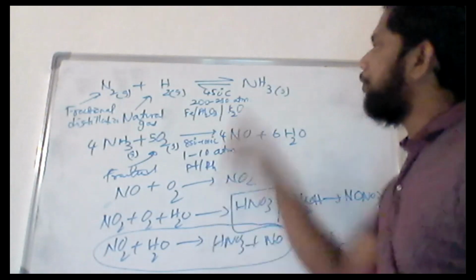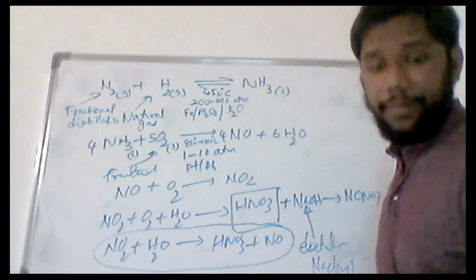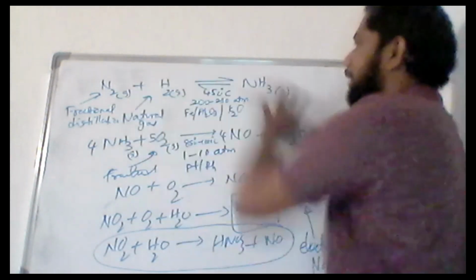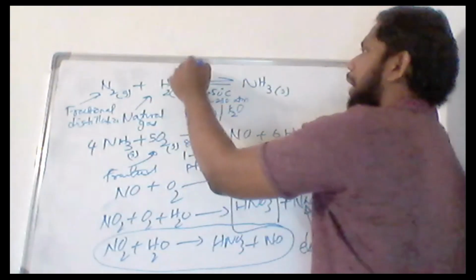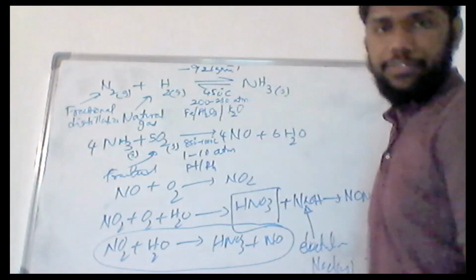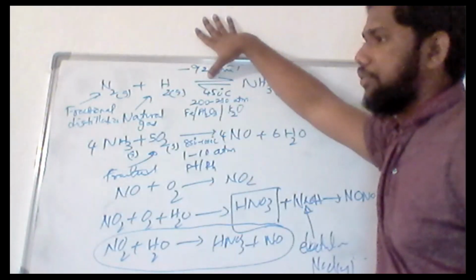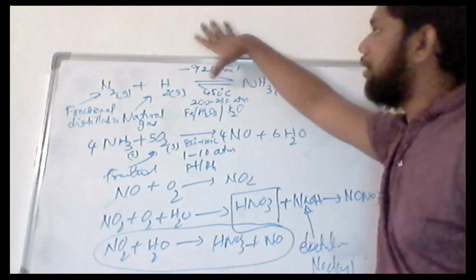And again, you should be able to explain this using the physicochemical properties, right? For example, this reaction is exothermic, minus 92 kilojoule per mole. This is the Haber process. So if this is exothermic, heating is unfavorable, cooling is favorable.